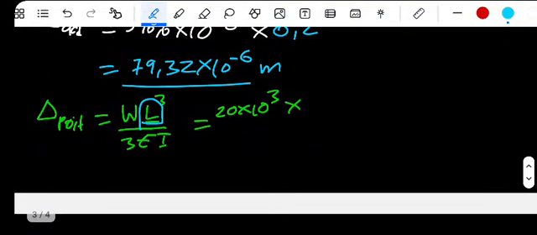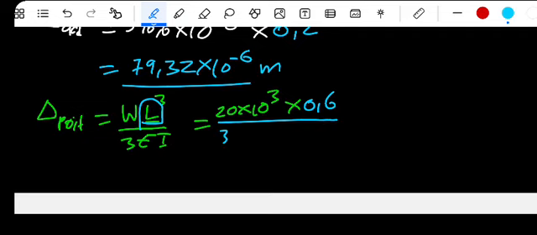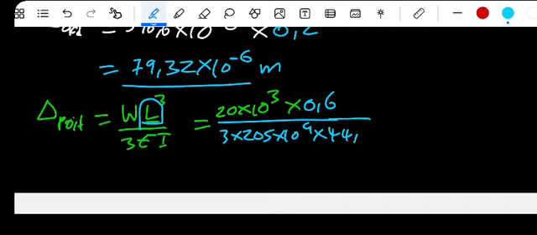So we have 0.6 cubed divided by 3 times the Young modulus, which is 25 times 10 to the power of 9, multiplied by this I, which was 44.28 times 10 to the power of minus 6.